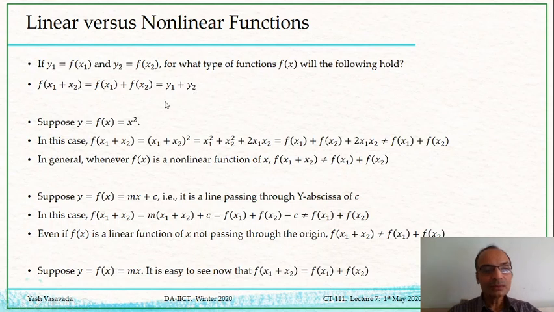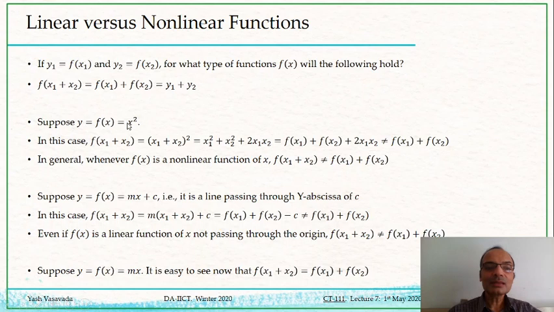Well, what if y is equal to x squared? Then if I do x1 plus x2 squared, I'm not going to get x1 squared plus x2 squared. I'm not going to get y1 plus y2. I'm going to have this cross product term also. And so this is a non-linear system.